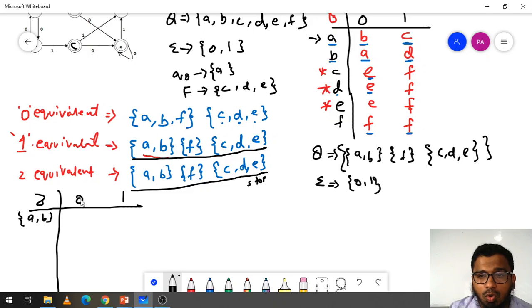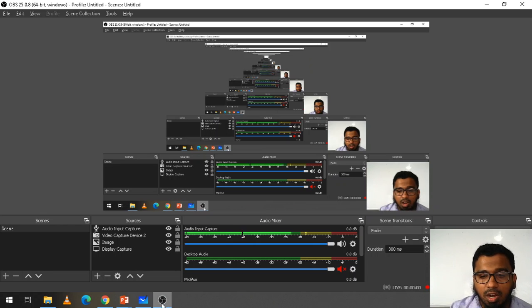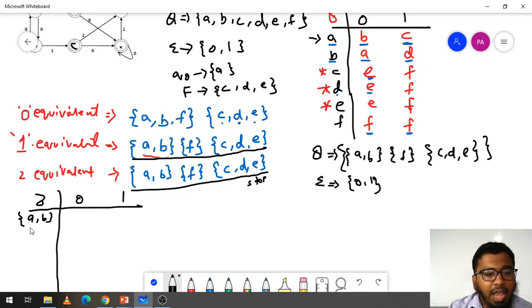A on 0, check the table: A on 0 is going to B, B on 0 is going to A. So here A, B. Now we need to do one by one. A on 0, what are we getting?